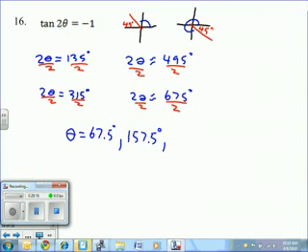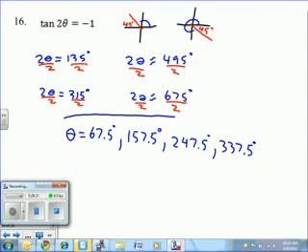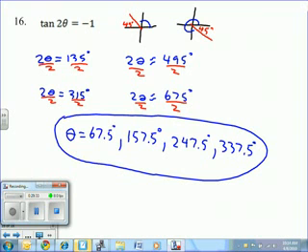Okay, is that right? Yeah. 495 divided by 2. And then 675 divided by 2. And all of these answers for theta work for the instructions, which said that theta has to be between 0 and 360. They're all between 0 and 360.